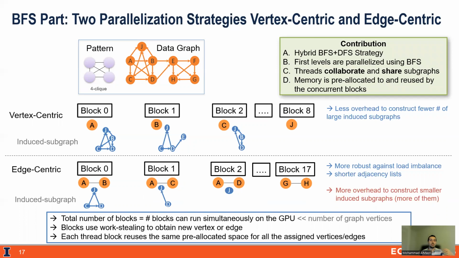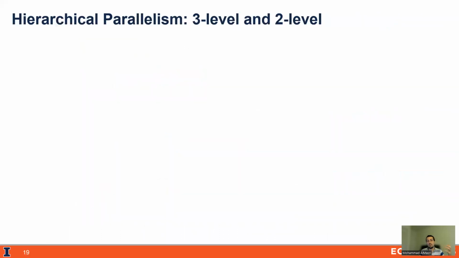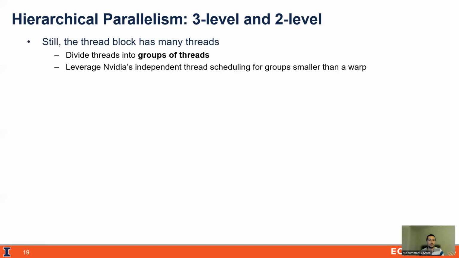So our contribution here is that we start with BFS for the first level or second level of the tree. Threads will collaborate and share the induced subgraphs. All the memory is pre-allocated and reused by the concurrent blocks. The second feature that we have is called hierarchical parallelism.